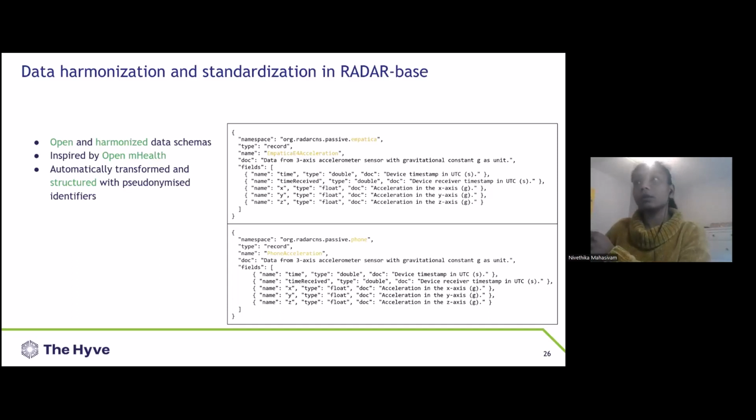So if you have an algorithm that would work with accelerometer, then you should be able to run that algorithm on data that's collected from any device that can give accelerometers. That's the aim of this kind of harmonization.